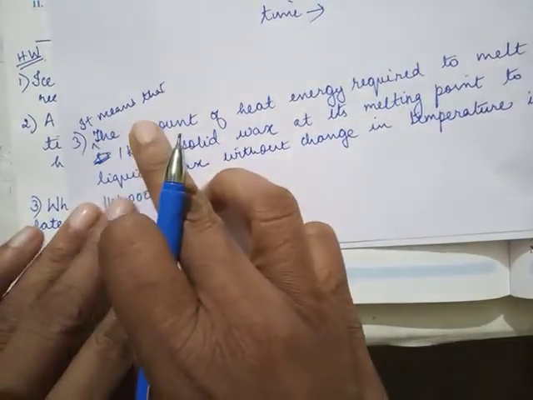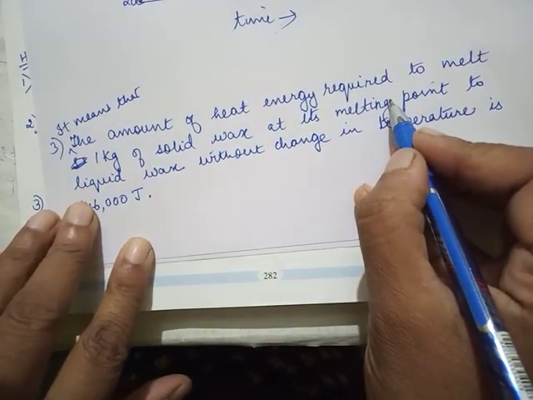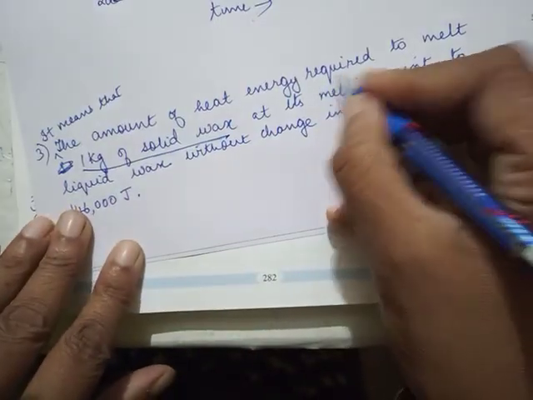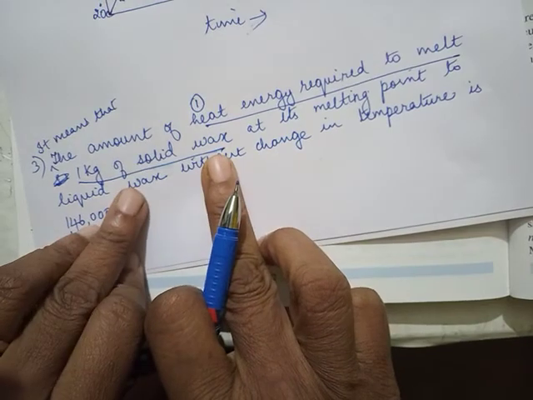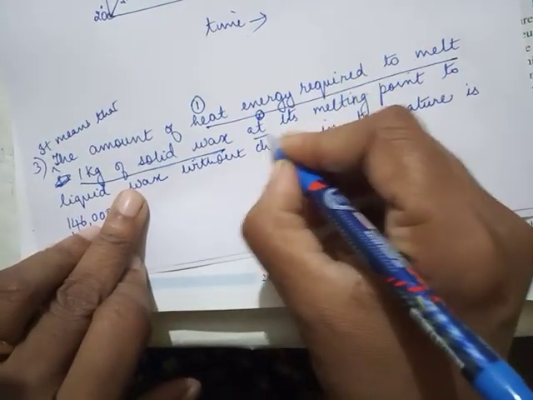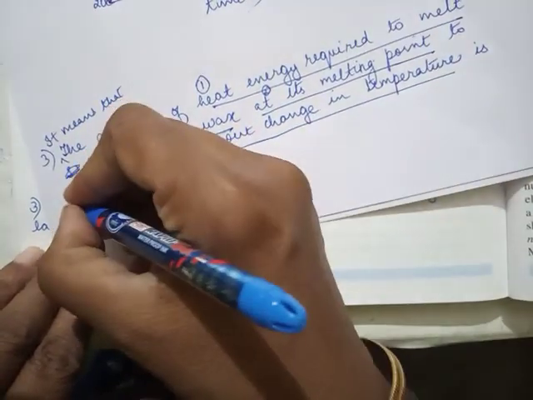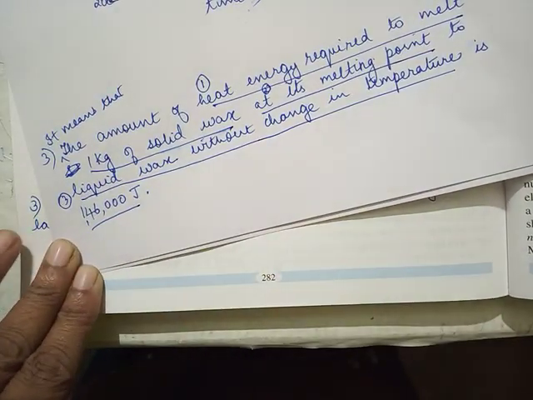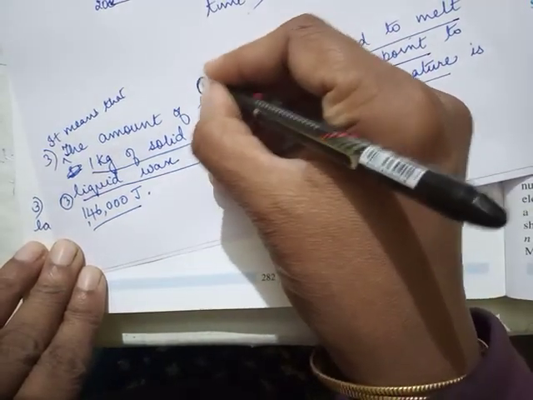So the answer will be, it means the amount of heat energy required to melt 1 kg of solid wax, at its melting point, to liquid wax without change in temperature is 146,000 joule. This definition itself should have 3 points.